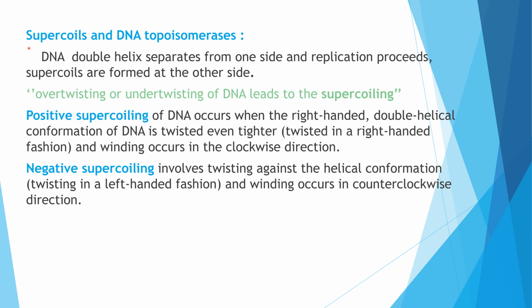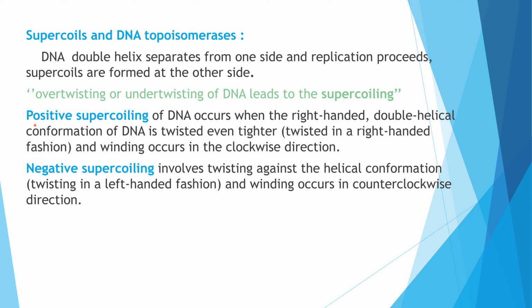Here we talk about supercoiling and DNA topoisomerases. What is supercoiling? Over-twisting or under-twisting of DNA leads to supercoiling. The DNA double helix separates from one side and replication proceeds. Supercoils are found at the other side. There are two types of supercoiling: positive and negative.